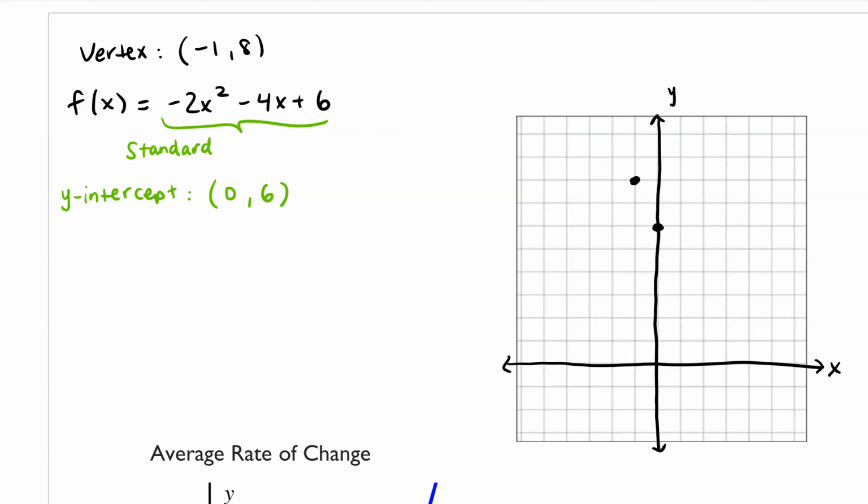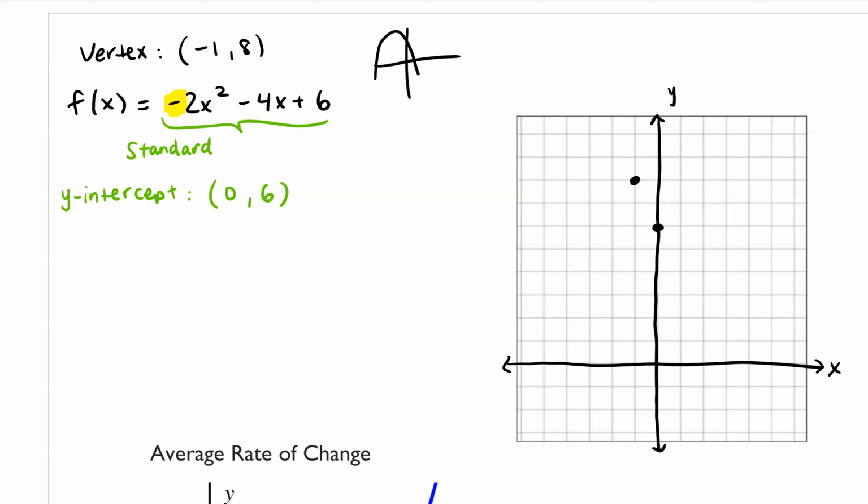And since we know that the vertex is, in this case, the highest point, since our a value is a negative number, that means that our graph is going to look something like that. It's going to be a frowny face. So our vertex is the highest point, but the vertex is also the location at which our graph is being mirrored.